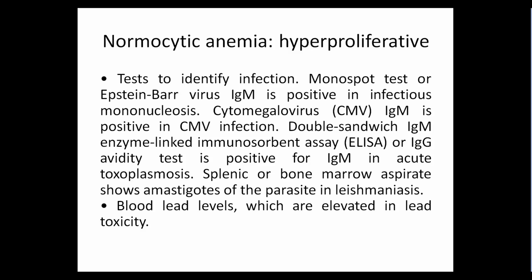A double sandwich immunoglobulin M enzyme-linked immunosorbent assay, or immunoglobulin G avidity test, is positive for immunoglobulin M in acute toxoplasmosis. Splenic or bone marrow aspirate shows amastigotes of the parasite in leishmaniasis. Blood lead levels are elevated in lead toxicity.